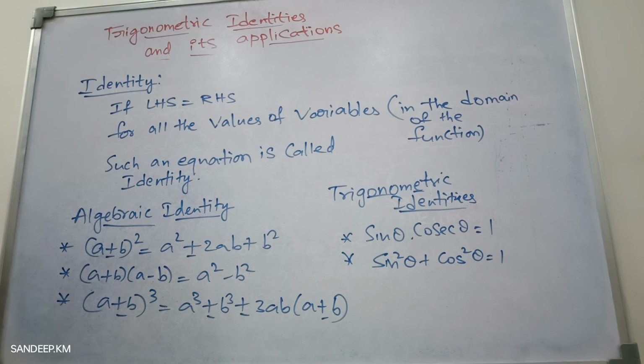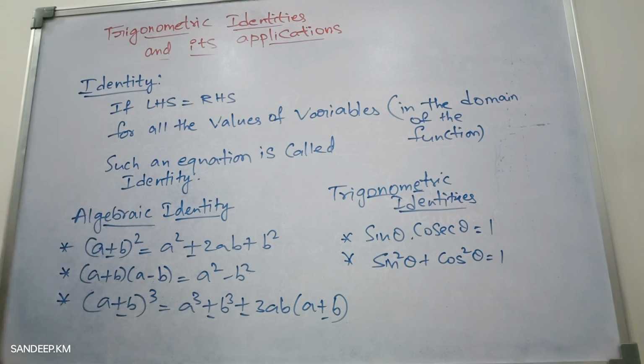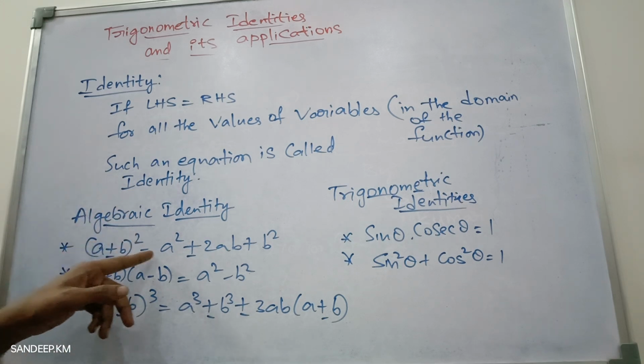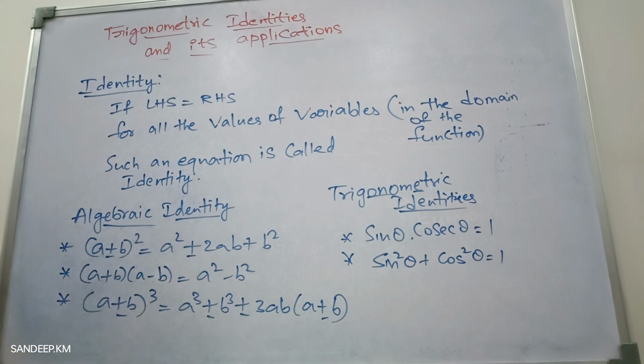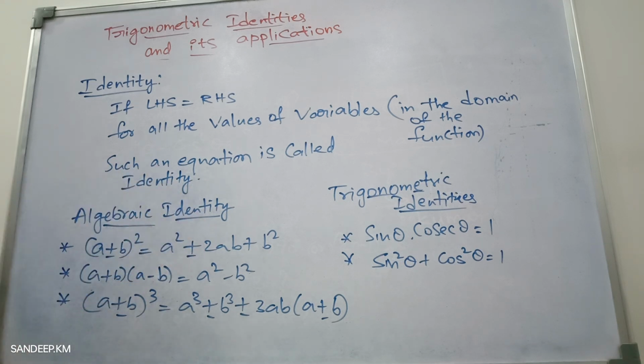To understand it better, first let us take some examples of algebraic identities. The identities used most in algebra: (a plus b) whole square is equal to a square plus 2ab plus b square. For every value of a and b, (a plus b) whole square is always equal to a square plus 2ab plus b square.